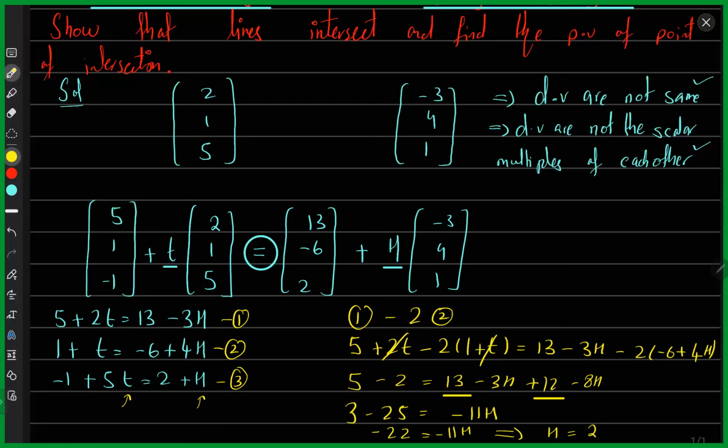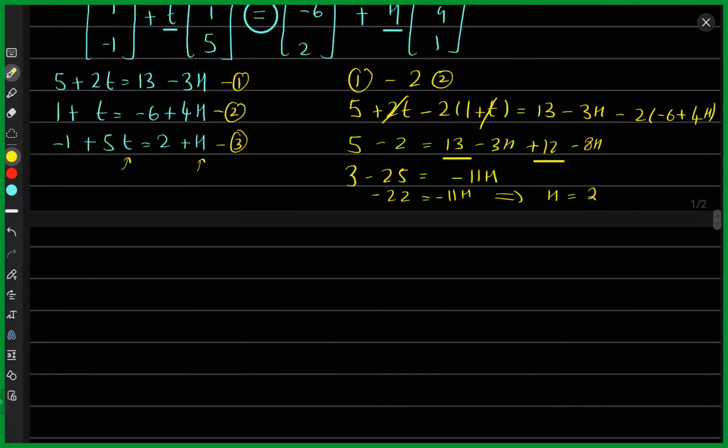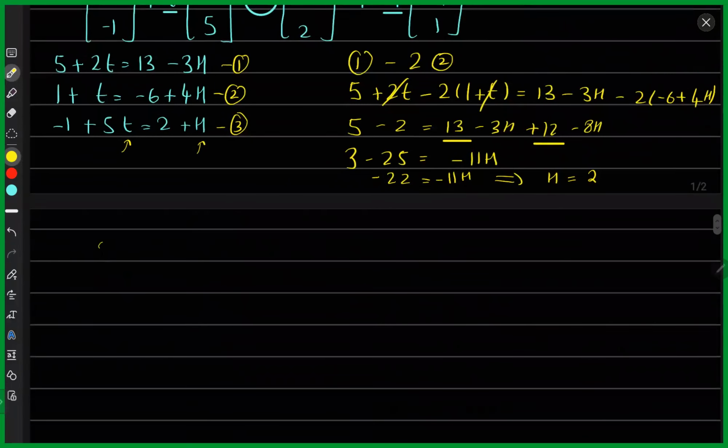Now when mu is equal to 2, we will use any of the equations, out of 1 and 2. I'll use 2, with mu equals 2, and this would give me 1 plus t equals minus 6 plus 4 into 2, so t equals minus 6 plus 8 minus 1, and t is going to be 1.